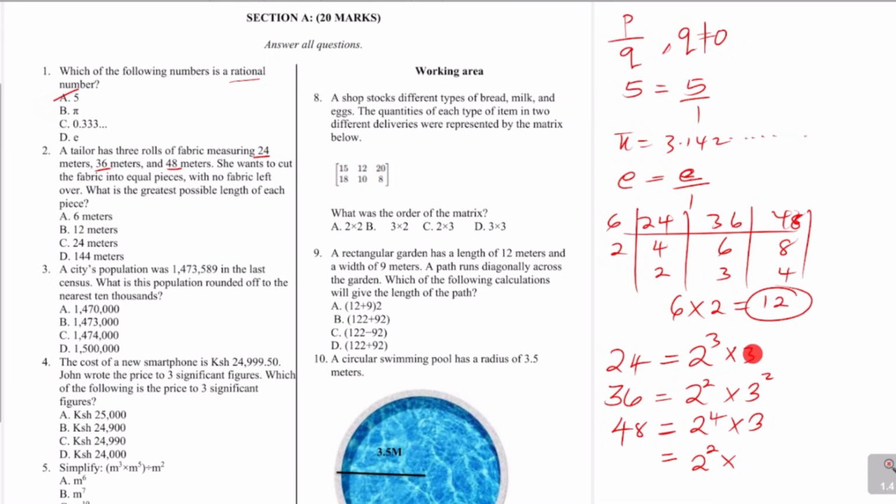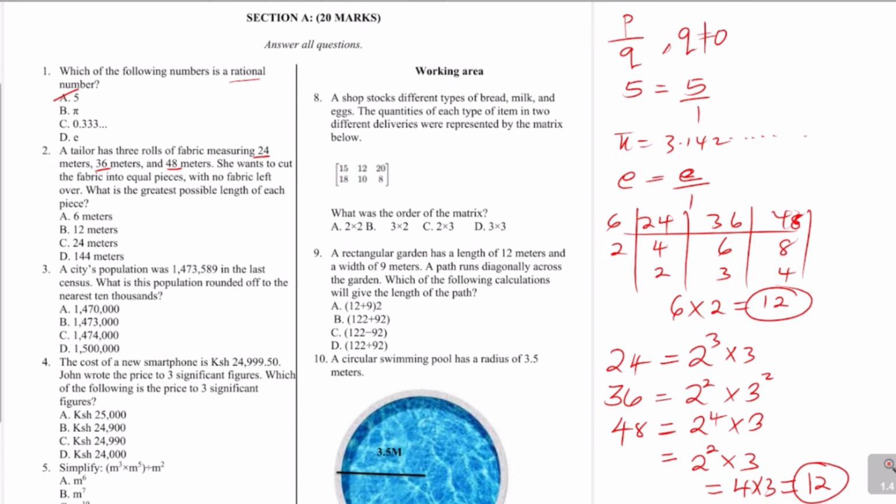So we have 3 squared, and 3. So you can see 3 is common in all of them. So 3 to power 1 is common. So when you work out these, you'll get 2 squared multiplied by 3, and this will be 4 multiplied by 3, and this one will give you 12. So you get 12 for that. That is the solution. So this is the second method that you can use.